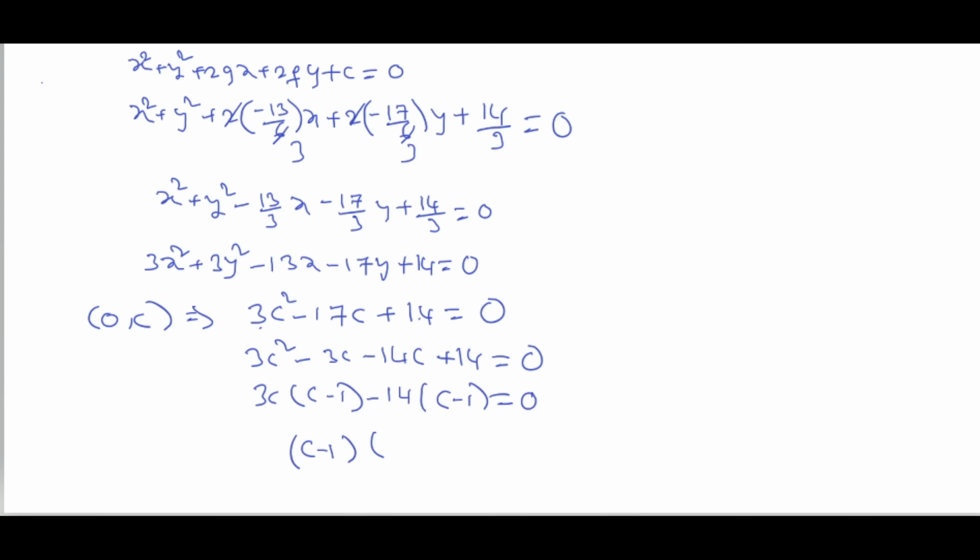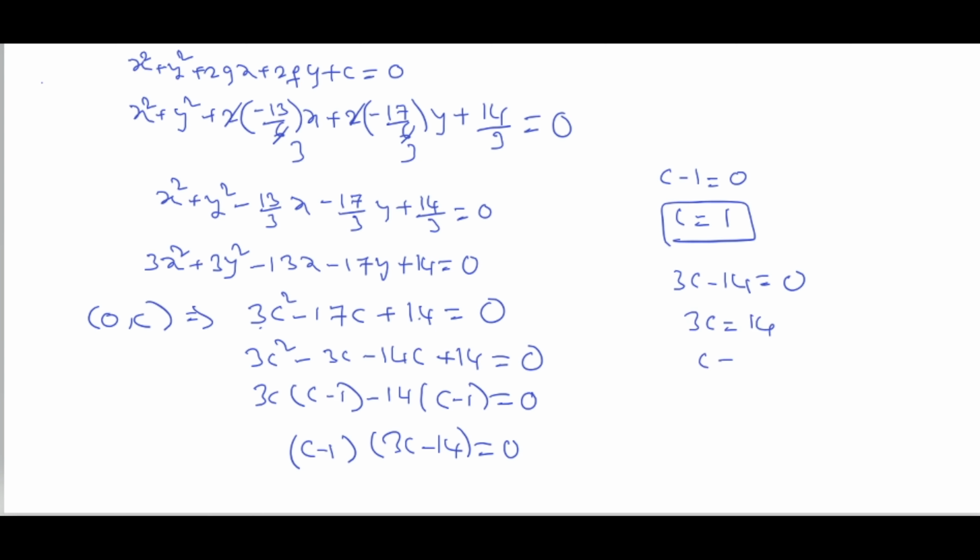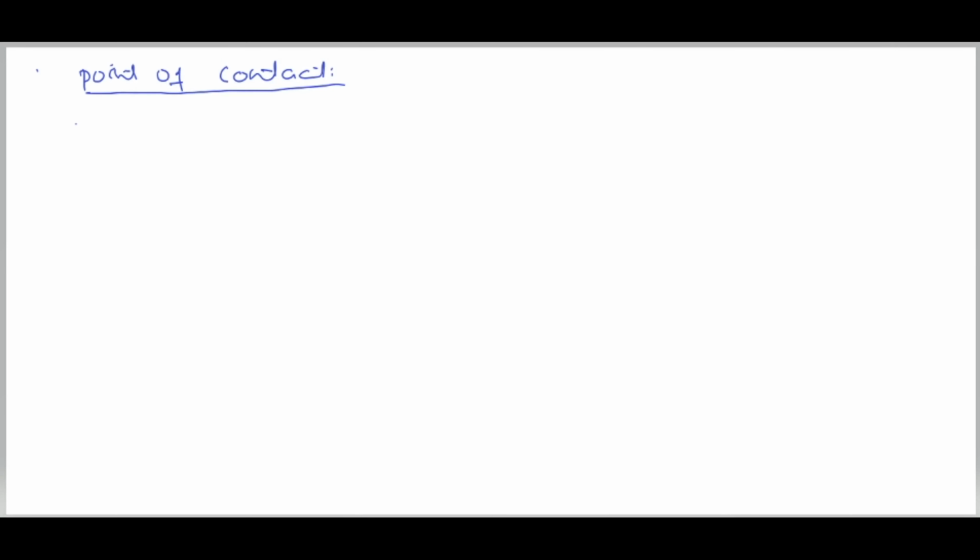Again c minus 1 common, 3c minus 14 is equal to 0. Therefore c minus 1 is equal to 0, c is equal to 1, and 3c minus 14 is equal to 0. So 3c is equal to 14, c is equal to 14 by 3. That is the answer.